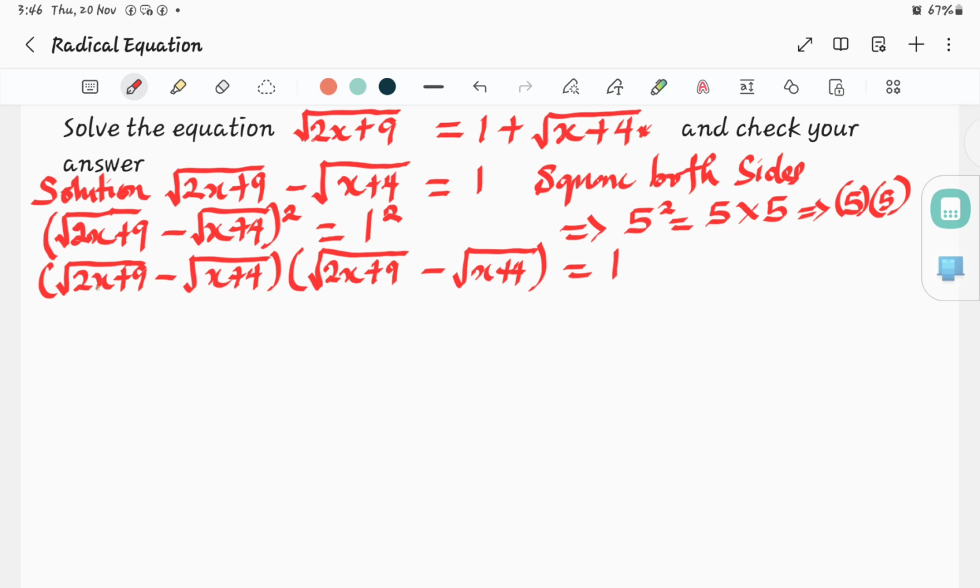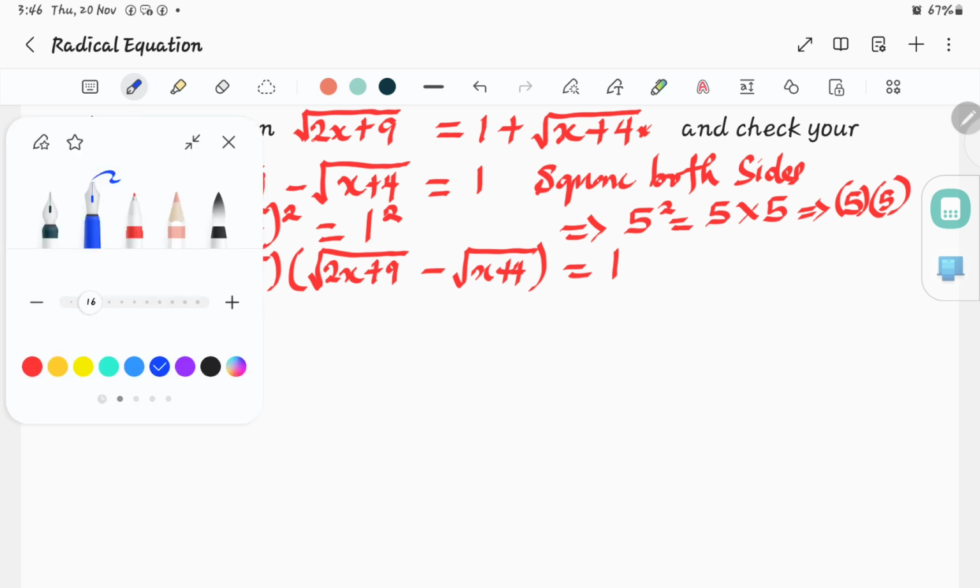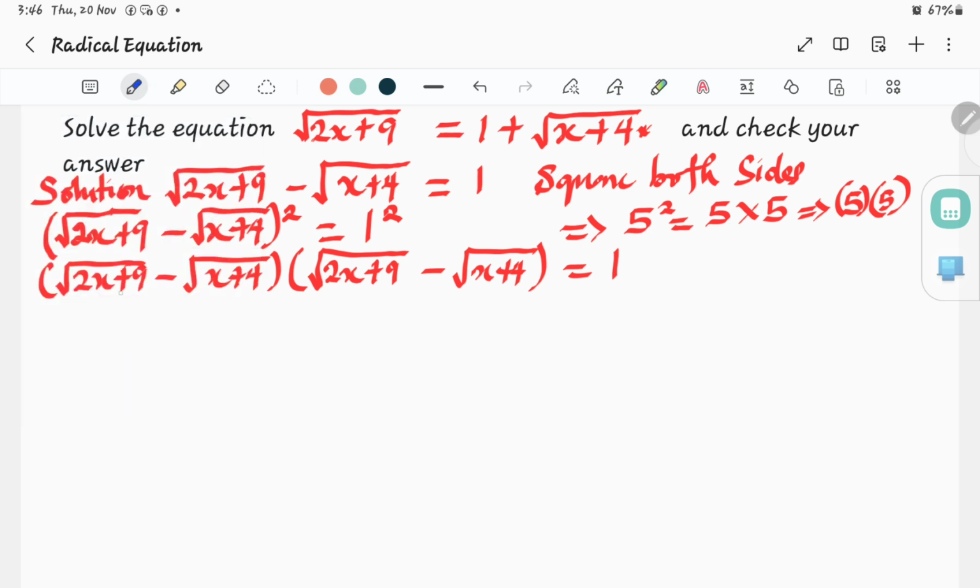So we are going to multiply this bracket, this times this. First, let's quickly remind ourselves of the laws that guide multiplication of radicals. If I have root a times root a, it equals a.